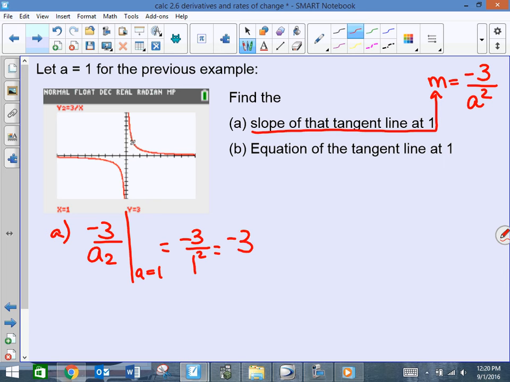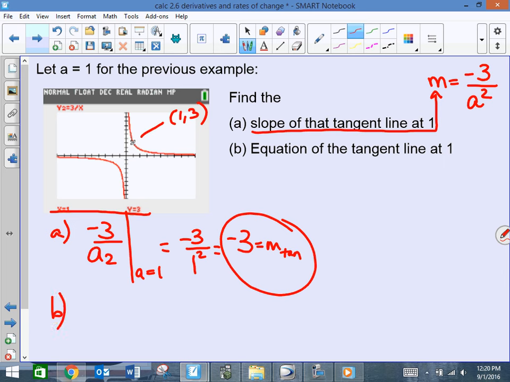Negative 3. Okay, so the slope of the tangent line is negative 3 at this point 1, something. I guess it's 1, 3. Okay? I put in 1 because I wanted that to show up. All right, now we have the slope. We have an ordered pair. We should be able to find the equation, right?